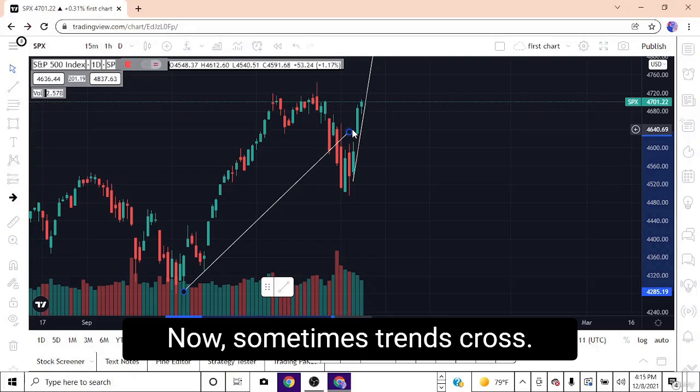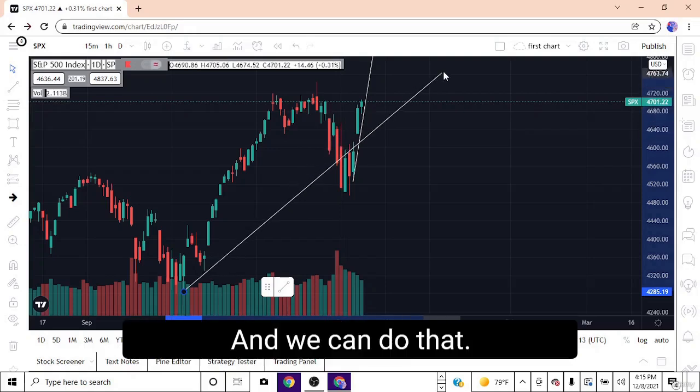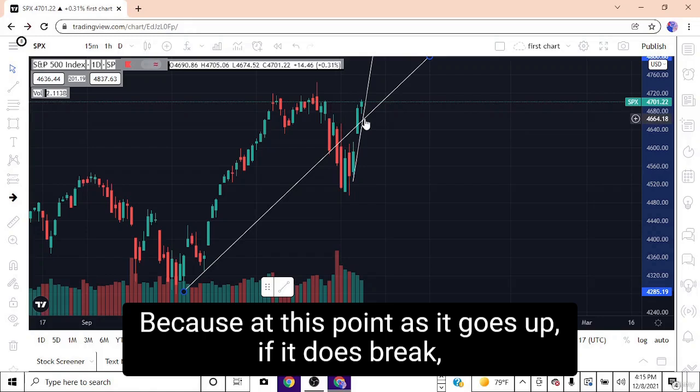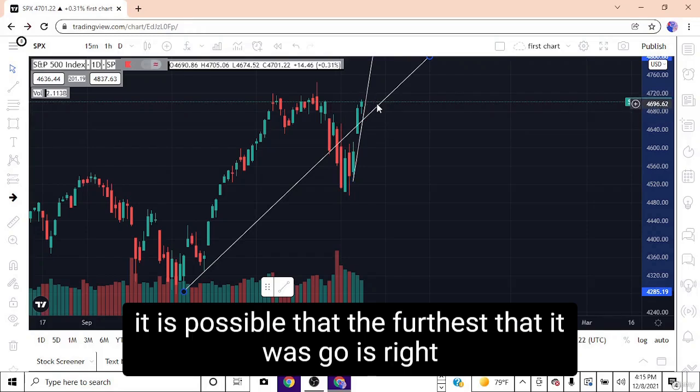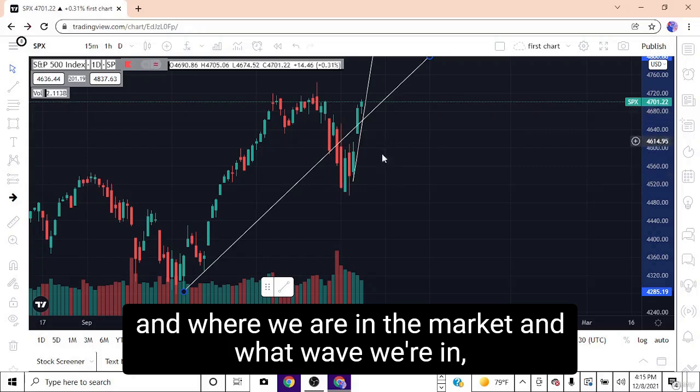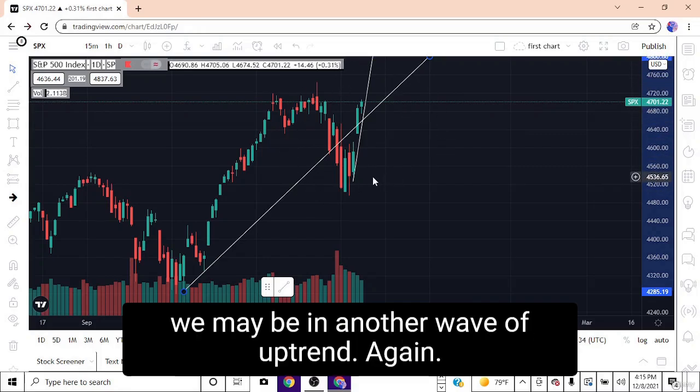Now, sometimes trends cross, and we can do that. We can cross this trend, right? Because at this point, as it goes up, if it does break, it is possible that the forward move is right here, and then it continues to go up. Depending on our other indicators and where we are in the market and what wave we're in, we may be in another wave of uptrend.